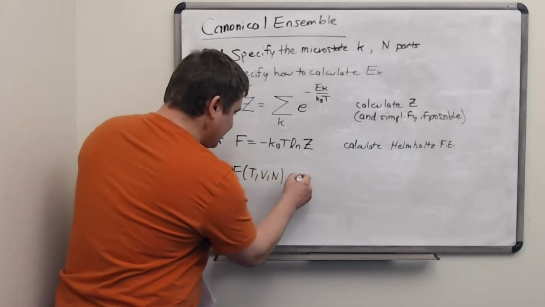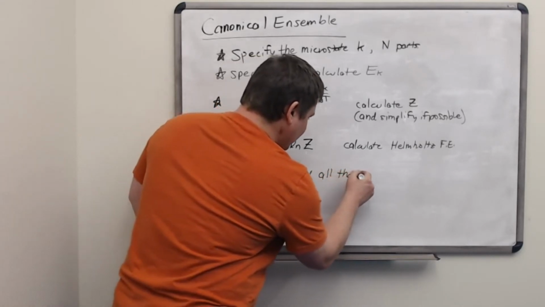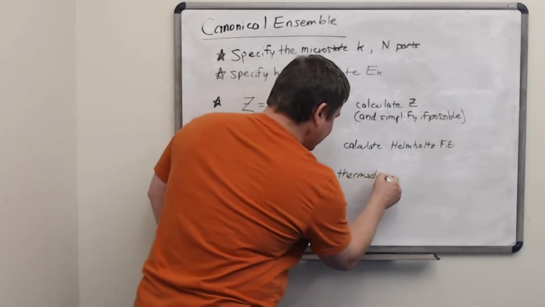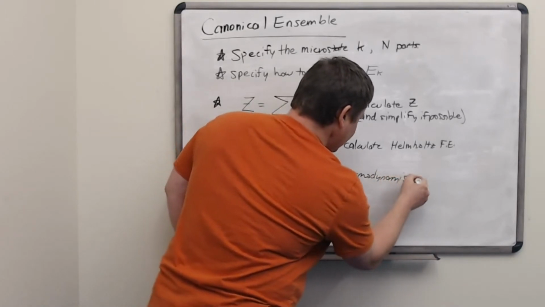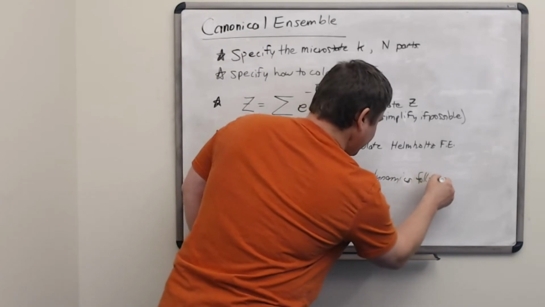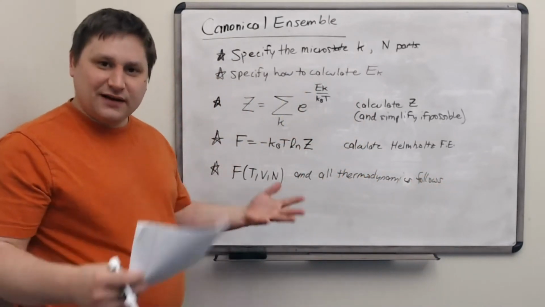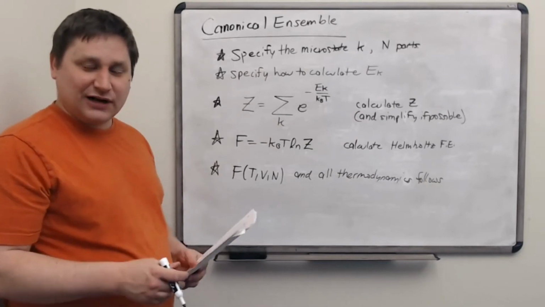And if we have that, then all of the thermodynamics follows. Once we have F in terms of its natural variables, then we've completely specified that thermodynamic model.